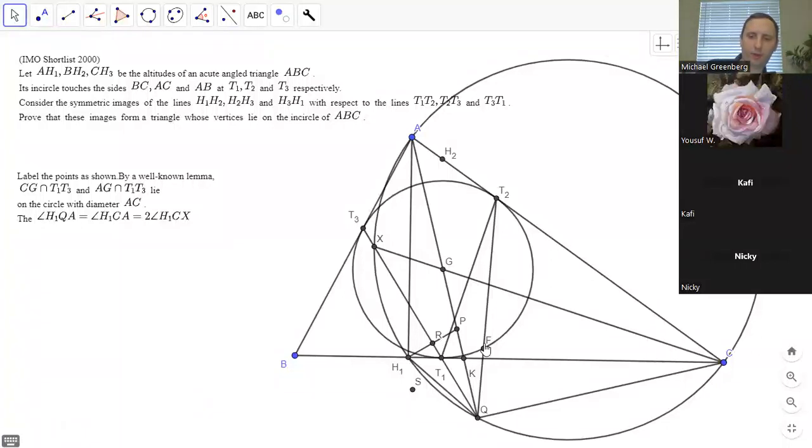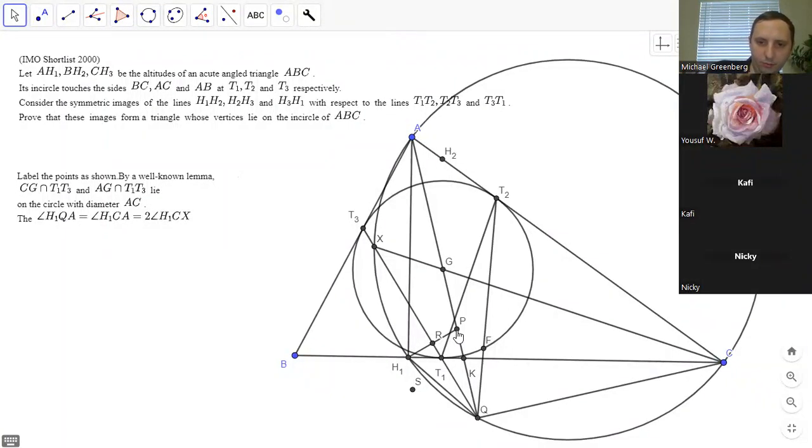We wanted to show that's what F is, and that's true by symmetry. So by symmetry, since this is an angle bisector, this proves that the reflection of H1 over this lies on the angle bisector.